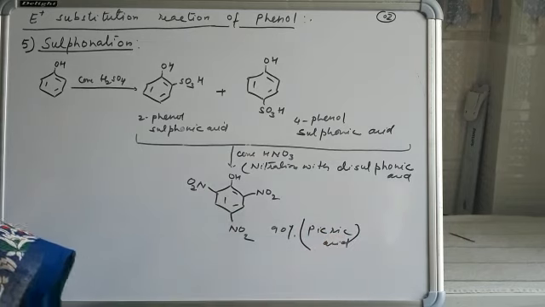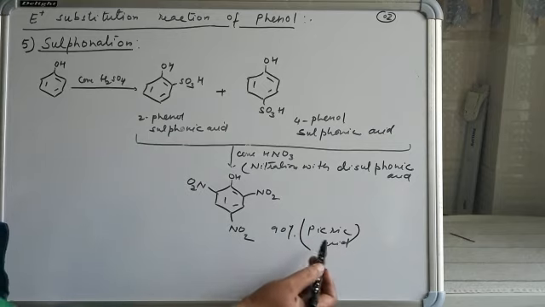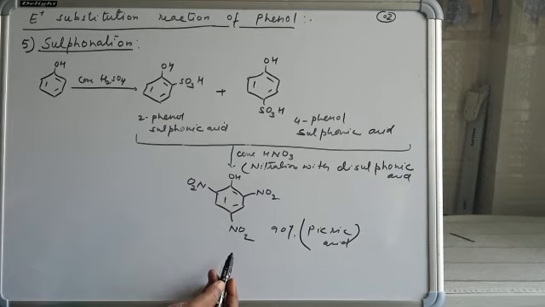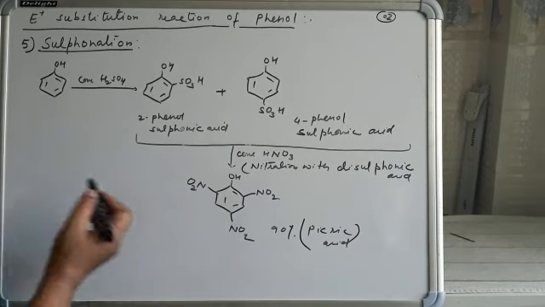So nowadays in industry, picric acid is prepared from the sulfonic acid, so that a good yield of picric acid is formed.